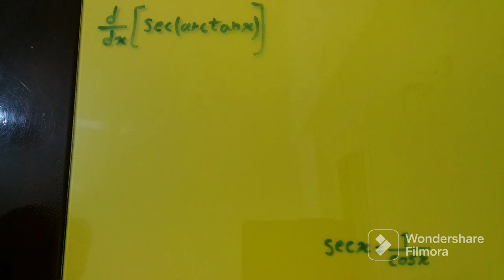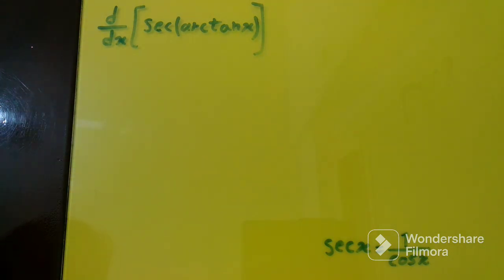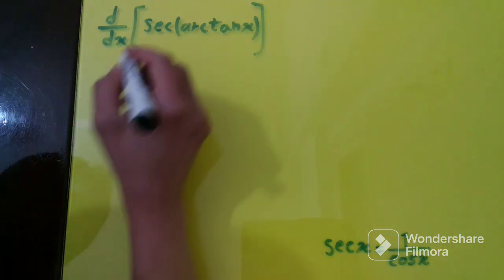Okay guys, how to get the derivative of this trigonometric function? There is a trigonometric formula which says secant x equals 1 over cosine x. According to this formula, we can replace 1 over cosine x instead of secant in this function.